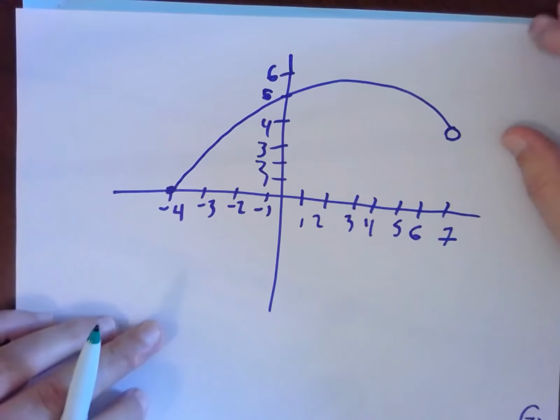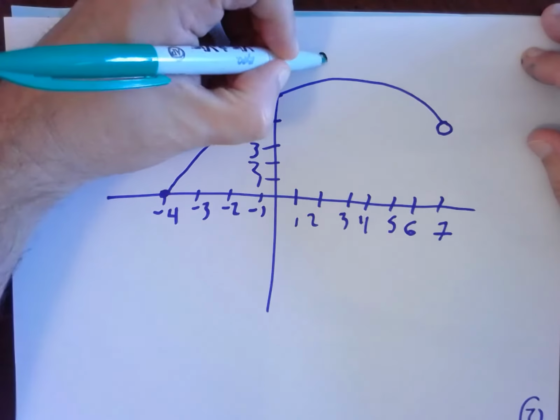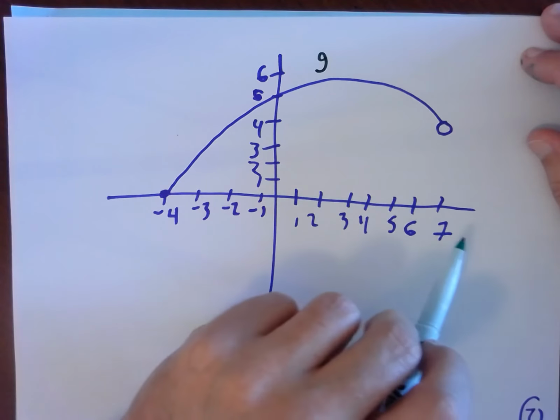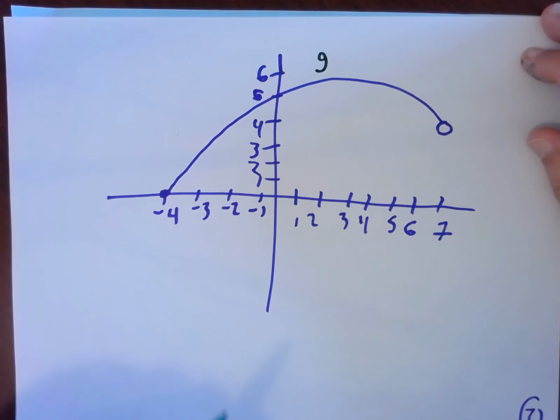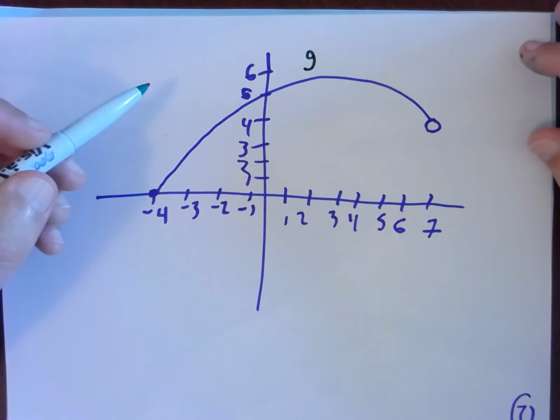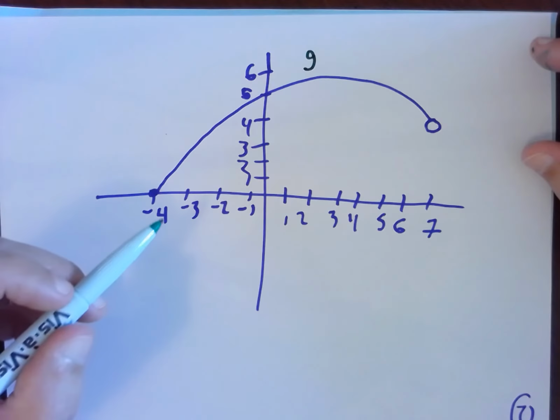Okay, what if we have a graph? And we have this graph here. Let's name it G. The collection of all the inputs, all the x values, is the domain. The collection of all the y values is the range. Now, we can't possibly list out all the inputs here.